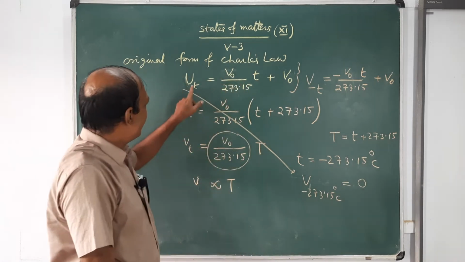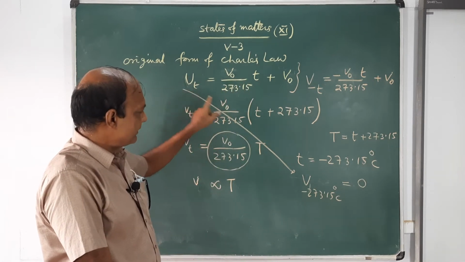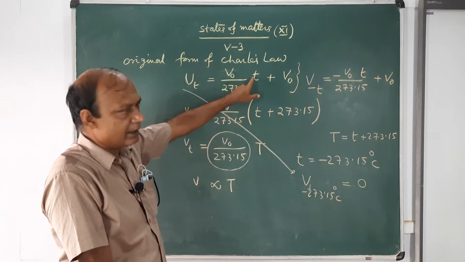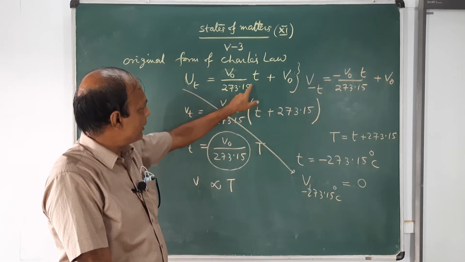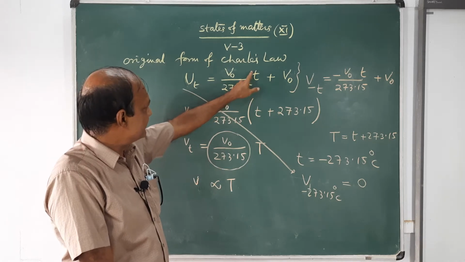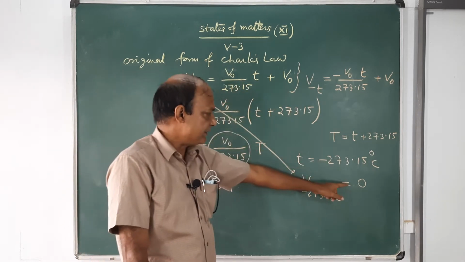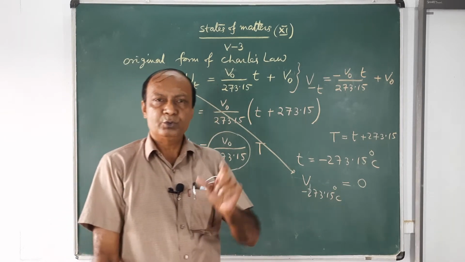If you put here minus 273.15, then this term will be minus V0 plus V0. That means volume will reduce to 0.